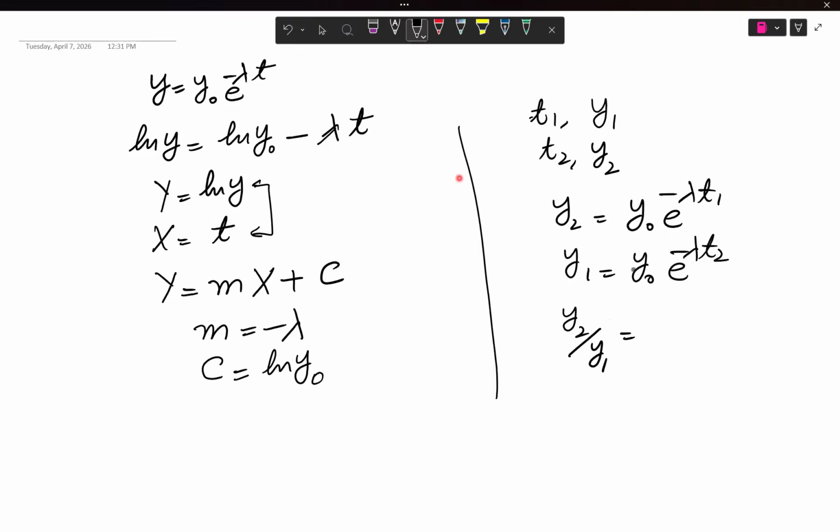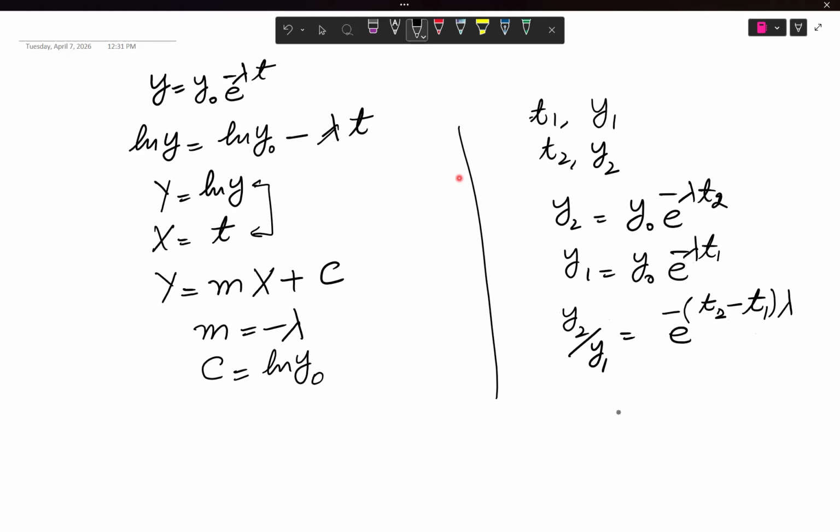So first attempt, divide the two equations. So we will get y2 over y1 equals e raised to the power minus lambda times t2 minus t1.